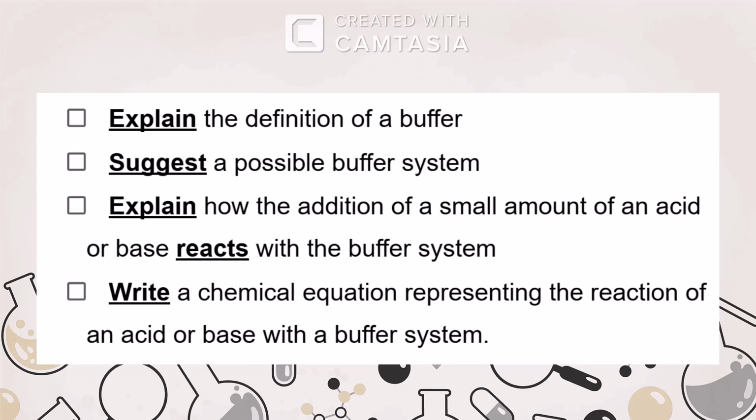Now you're able to explain the definition of a buffer, suggest a possible buffer system, explain how the addition of a small amount of an acid or a base reacts with the buffer, and finally, write a chemical equation representing the reaction of an acid or a base with a buffer.